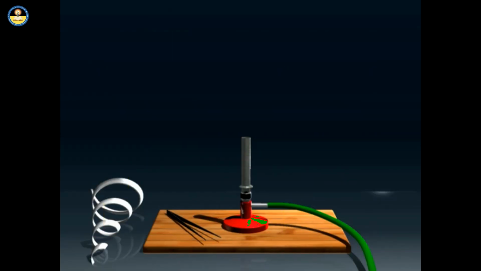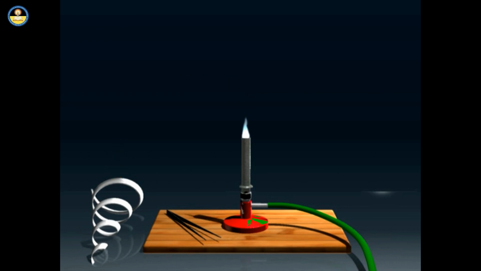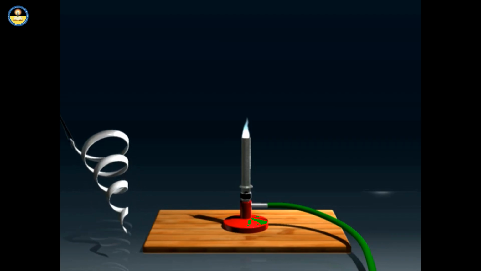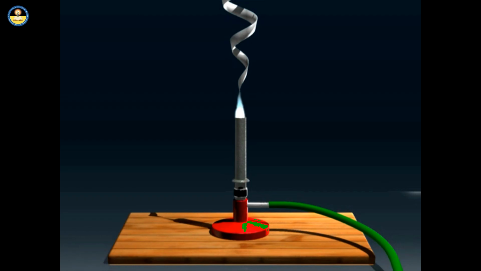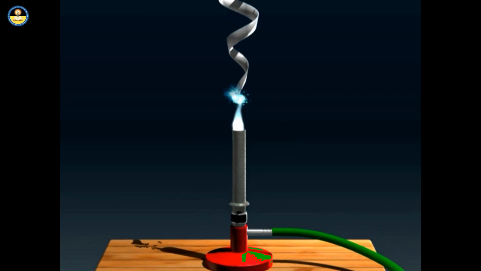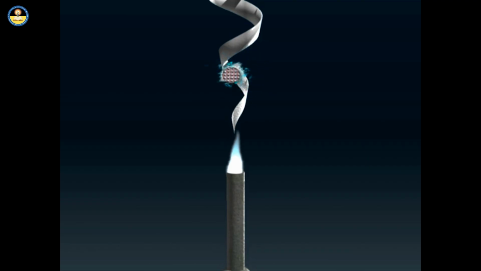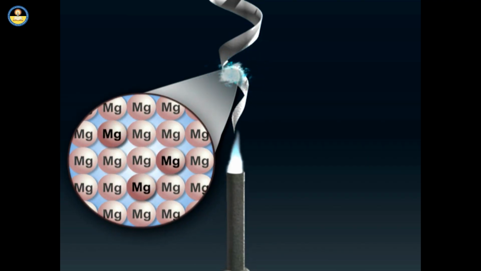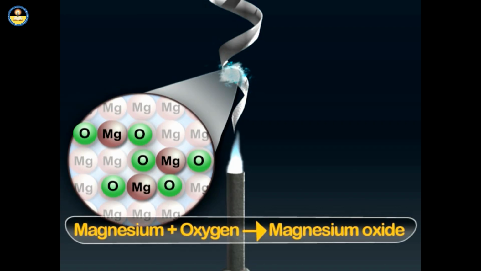We hold a piece of magnesium ribbon with a pair of tongs over a flame. What do we observe? We notice that it starts burning with a dazzling light and produces a white powder called magnesium oxide. This means that magnesium reacts with oxygen to form magnesium oxide.